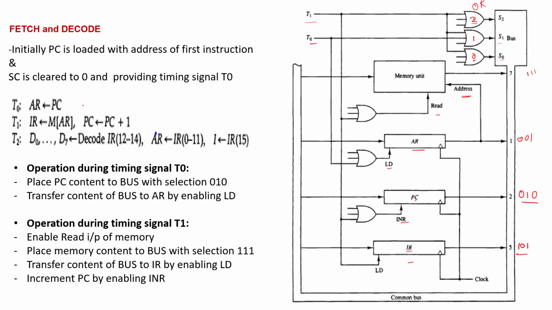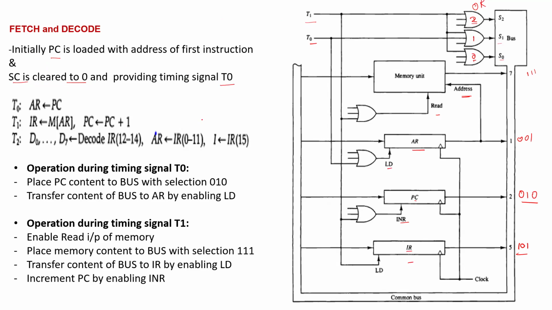In the initial stage, the program counter is loaded with the address of the first instruction, so that when we obtain the instruction from the memory, its address, bits 0 to 11, is loaded by the PC. The sequence counter is cleared in the initial stage and provides the timing cycle T0.